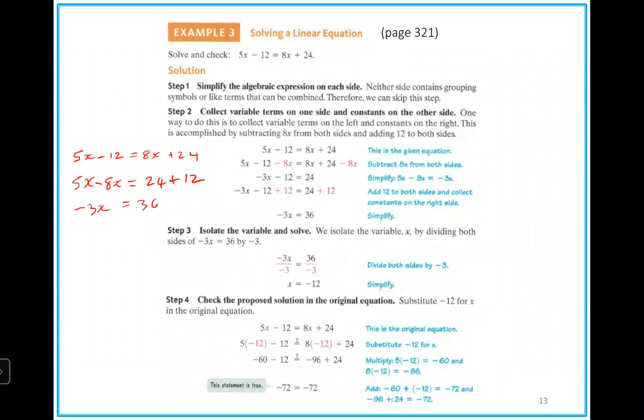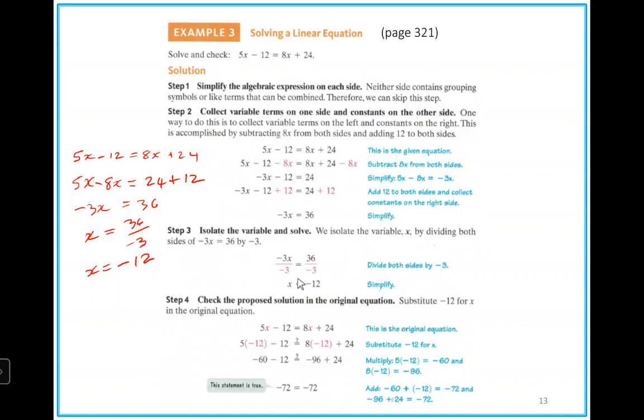So we're going to have to divide both sides by minus 3. So x equals 36 divided by minus 3, x equals negative 12.